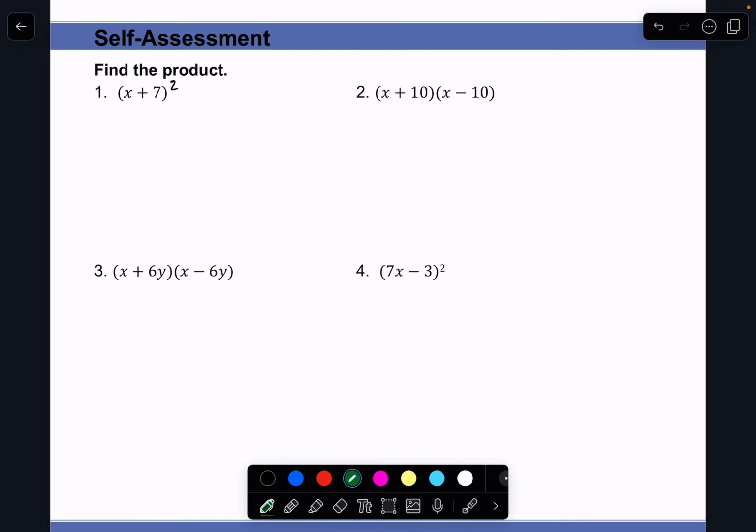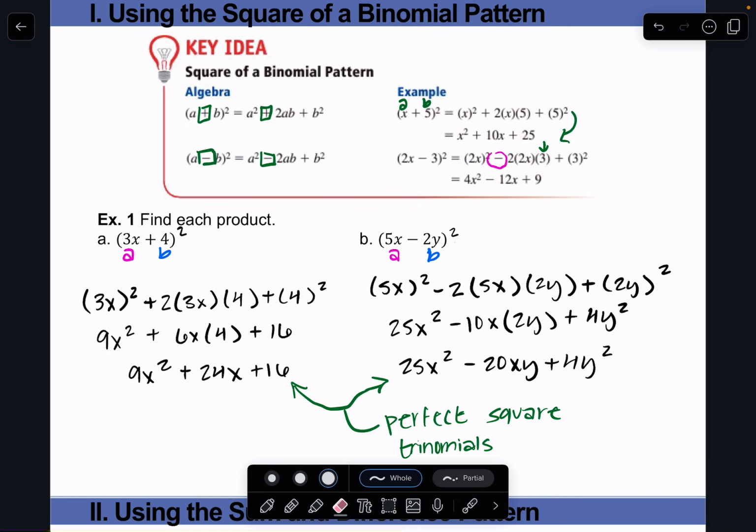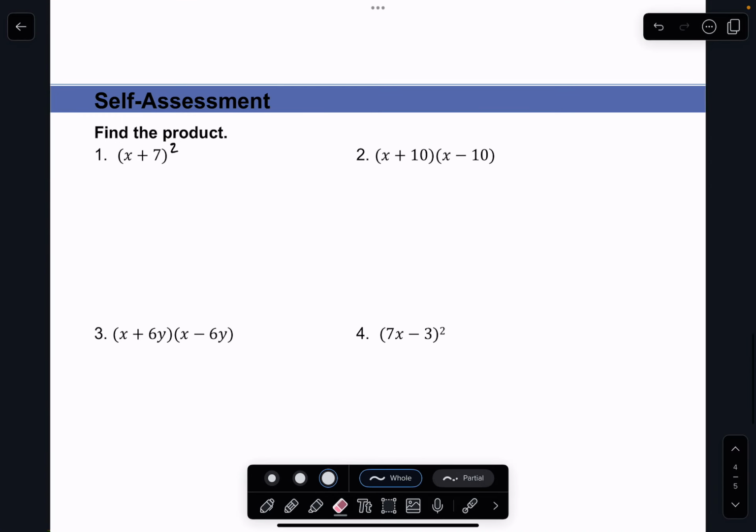So we want to find the product of numbers 1 through 4. For number 1, that's going to be the square of a binomial pattern. So that's going to be a squared plus 2ab, because I've got a plus sign right here, plus b squared.